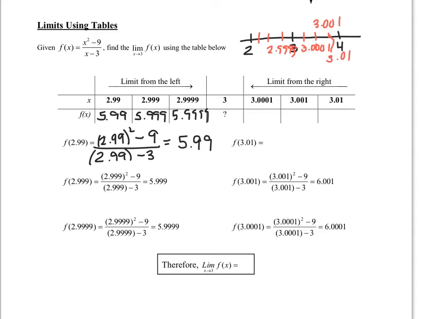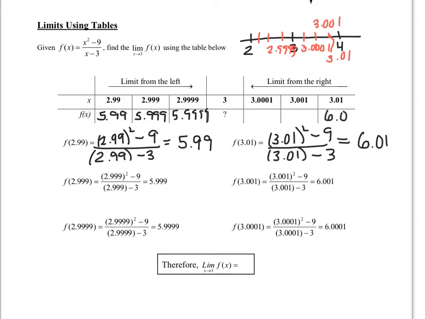Now we're going to do the same thing from the right-hand side. I want to start with the furthermost one away, 3.01. So we're going to plug in 3.01 squared minus 9 over 3.01 minus 3. Go ahead, type that into the calculator and hit resume when you're ready. Okay, I got about 6.01.